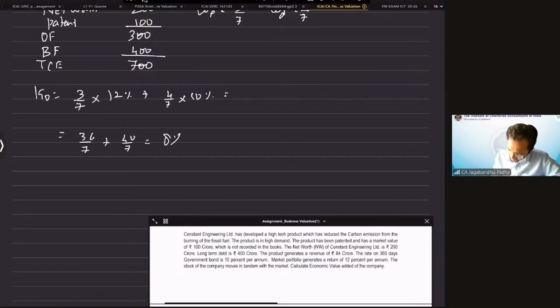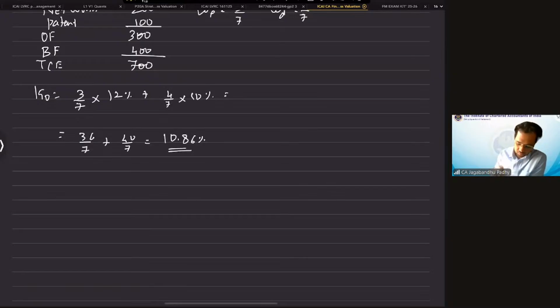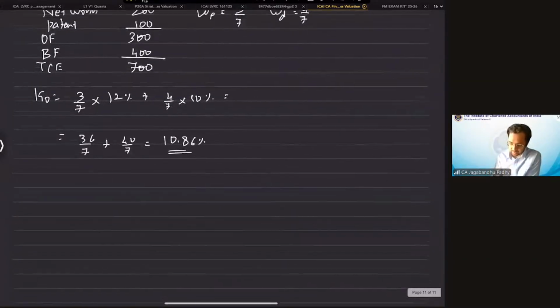So that is 8%, right? No, one second. It's not 56, it's 76, right? 76 divided by 7, which is 10.86%. So KO is 10.86%. Cost of capital, KO is 10.86%.